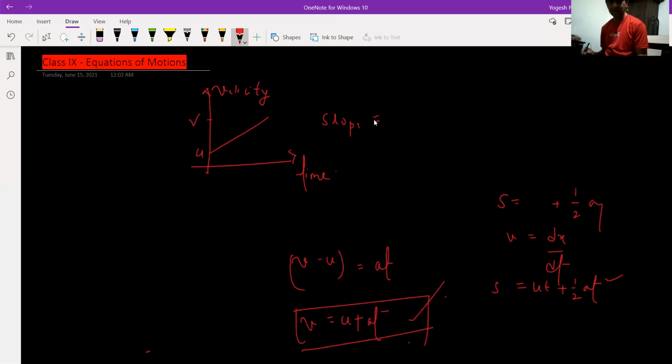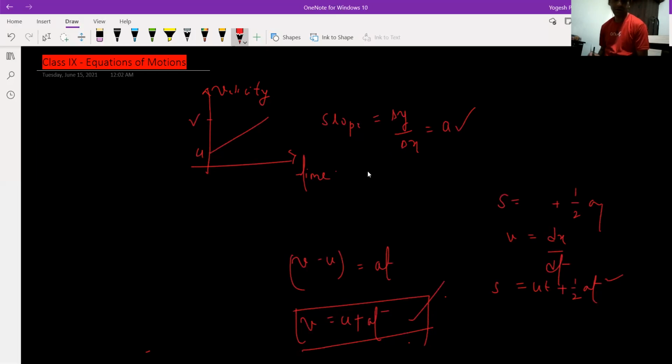The general formula for slope is change in y upon change in x. Now if you see here, this is the velocity time graph, so the slope of the velocity time graph gives acceleration.